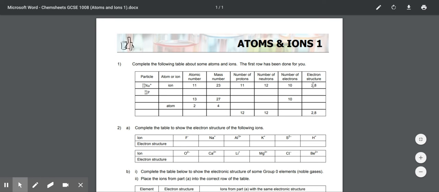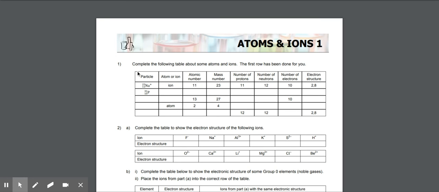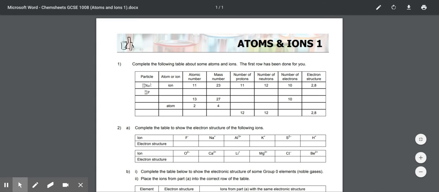Here it's become 2, 8, or else the actual electronic structure of a sodium atom would be 2, 8, 1. Okay, because it would have that one electron on its outer shell, but here it's been removed and therefore it's an ion. Okay, so that's how they got all this information here.